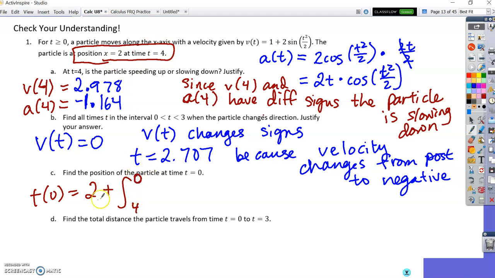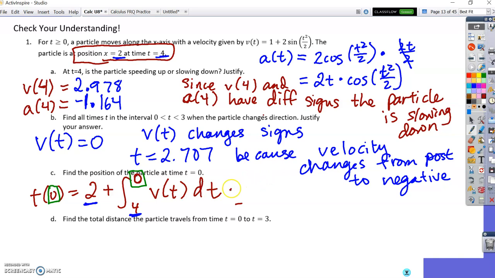So these two pieces came from this piece of information. So my answer is 2 when it's 4. And I'm looking for 0, so 0 goes here, of the velocity dt.